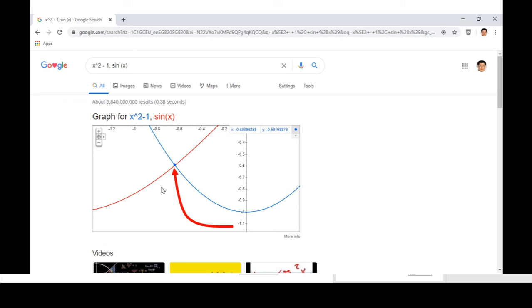So in this way, I am able to locate the coordinates of the roots a lot more precisely, right? Because I've enlarged it. So the advantage of the Google calculator is that it can plot graphs. In fact, it can plot two graphs, and by plotting two graphs, it enables you to locate roots. Pretty good estimation of the roots because you can hover around the root and get an approximation of the coordinates.